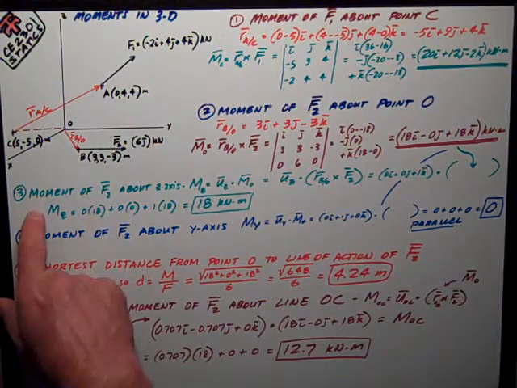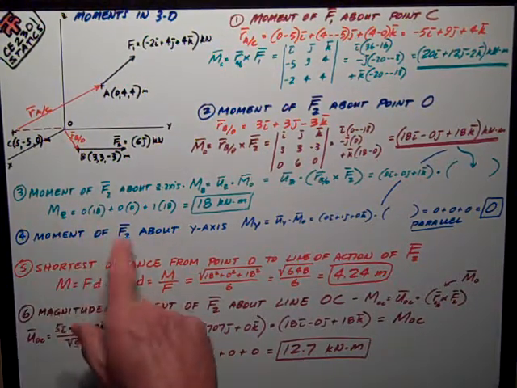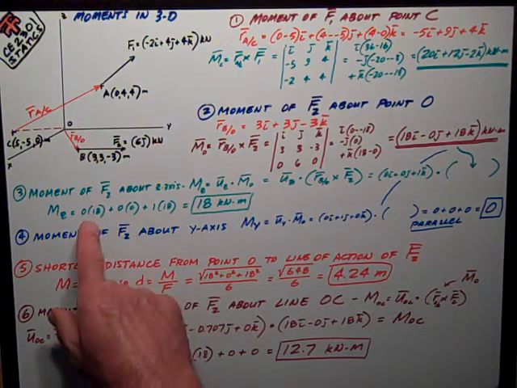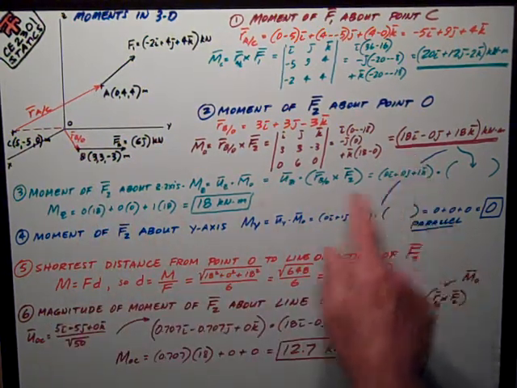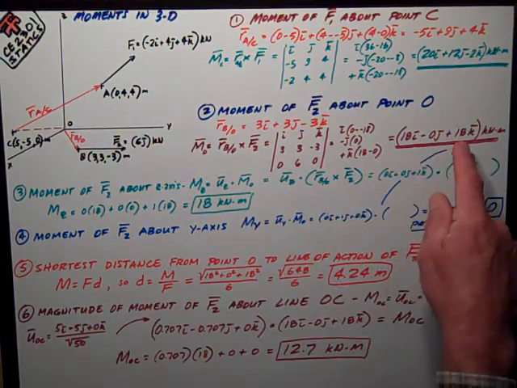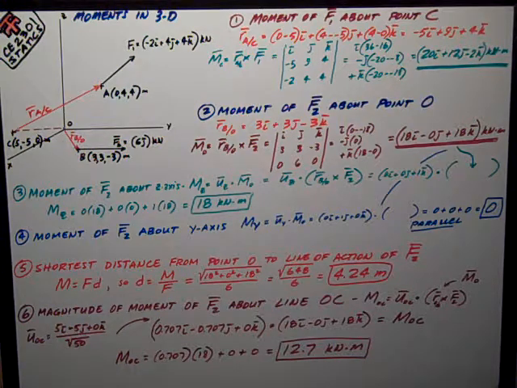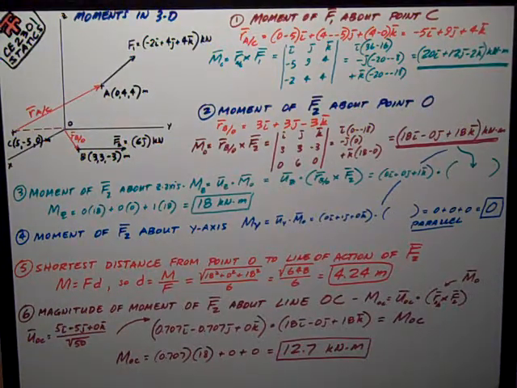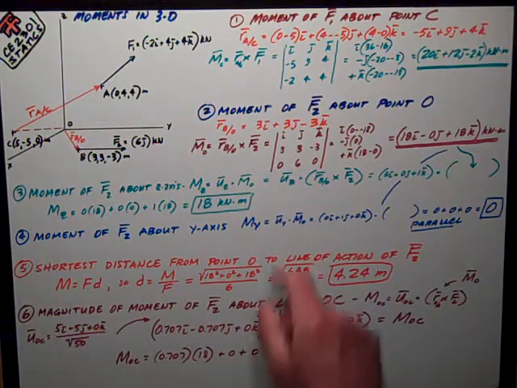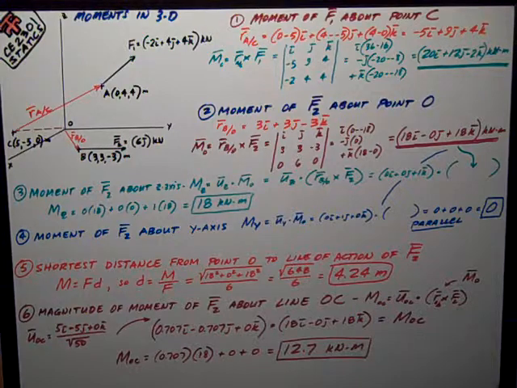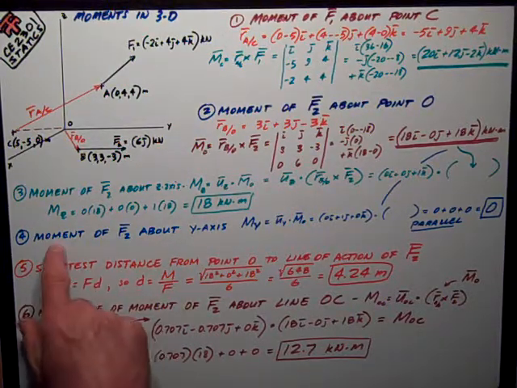And remember, that's a scalar, it's not a vector, so I'm just multiplying numbers and adding them up. In this case it's real easy because I got 0 times 18, 0 times 0, and 18 times 1. So the answer is 18 kilonewton meters. Once again, I'm referring back and forth to my equation sheet to remind me of the vector mathematics behind it.